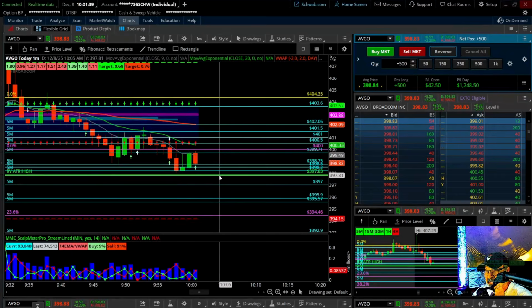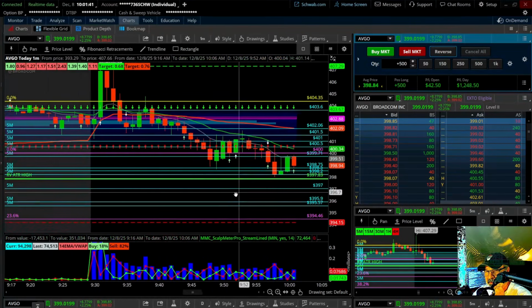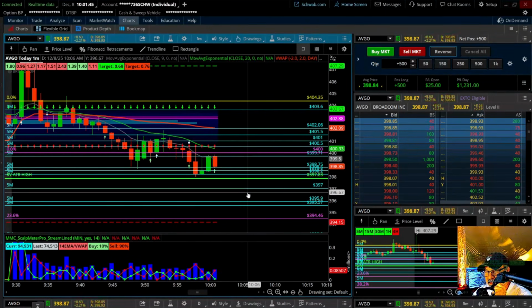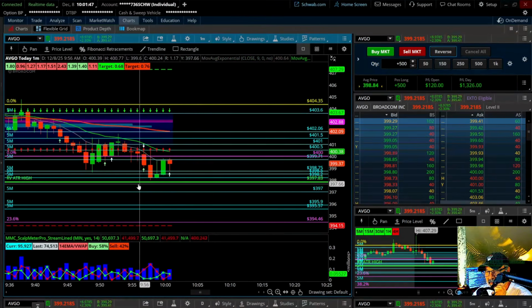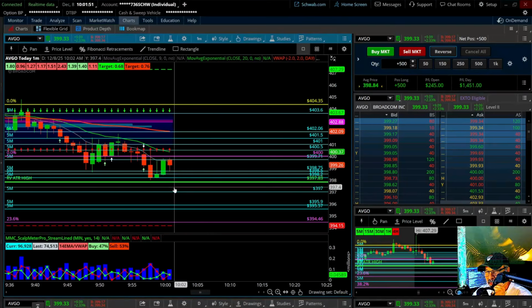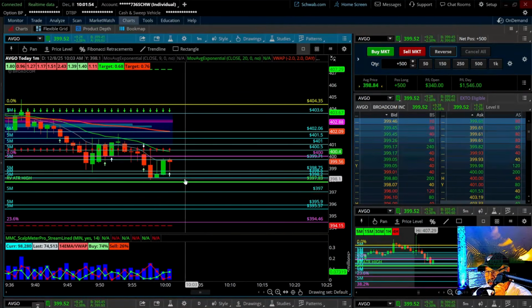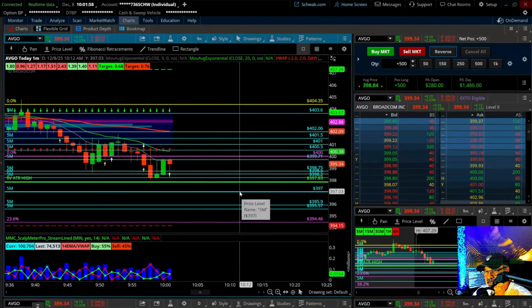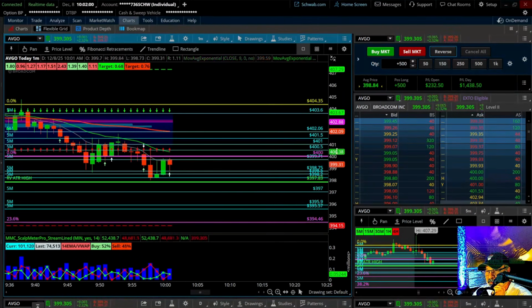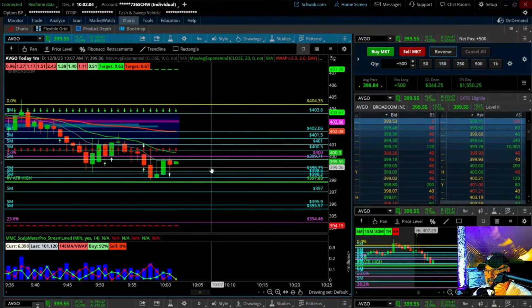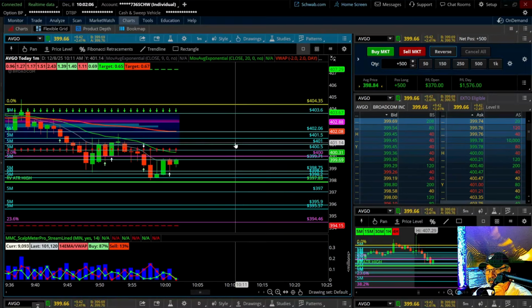Because we have this ATR here and we've already broken it, this could be the retest for the escalator strategy. I'm holding a lot of weight here. This would be my fail safe. If I'm going long and it breaks through here, I'm going to reverse. So that's what I'm looking at, guys. 397.83. But right now, otherwise, we're going to ride it to go above this fib and see what we can get here.